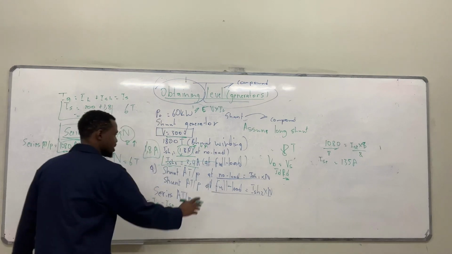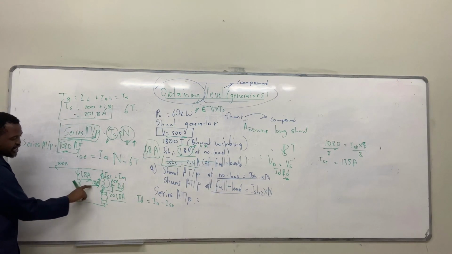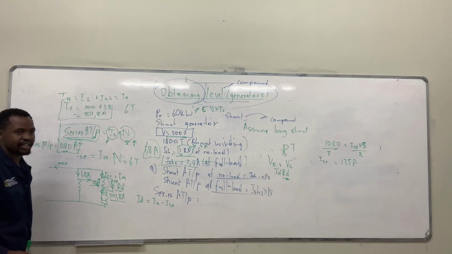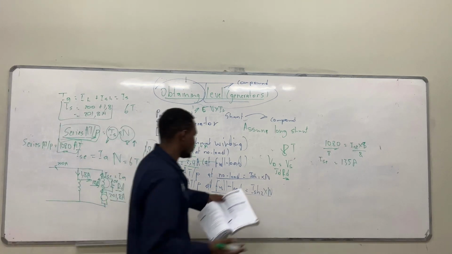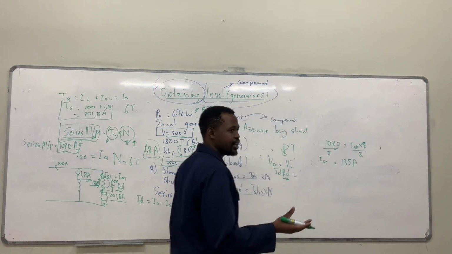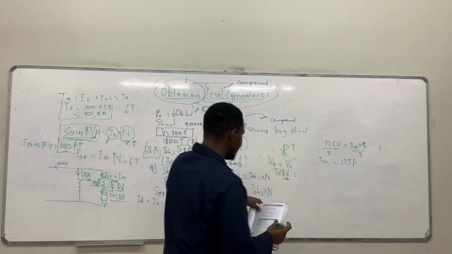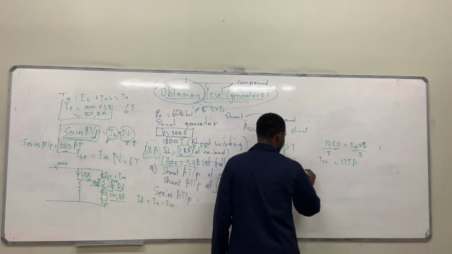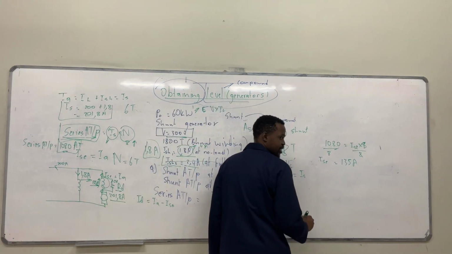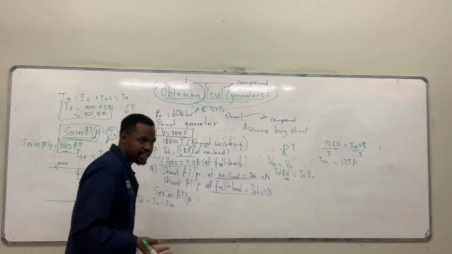But what resistance can we add in parallel to ensure that the current flowing is 135? So it is equal to the voltage across the series field winding. The voltage across the series field winding is I series times R series.